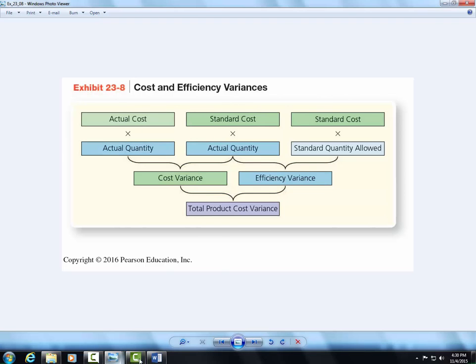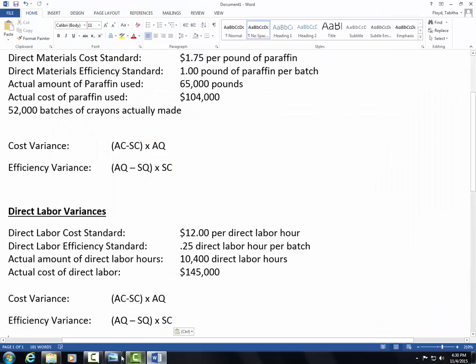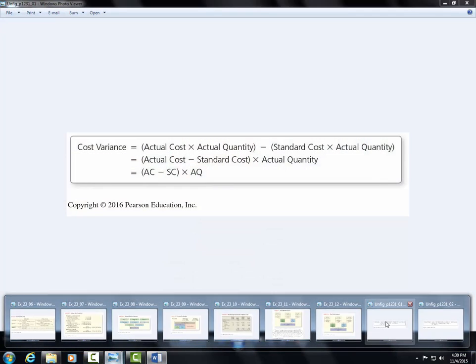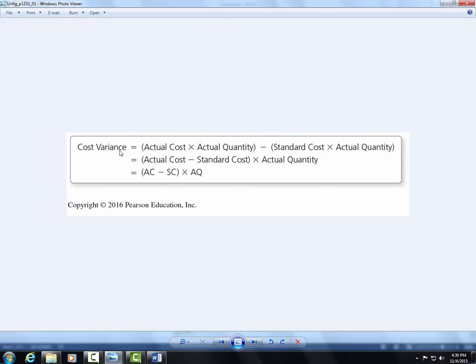I like to just do the formulas. So here's one of the formulas, the cost variance. I just memorize that when you're calculating the cost variance, you can memorize this formula: actual cost minus standard cost times actual quantity.